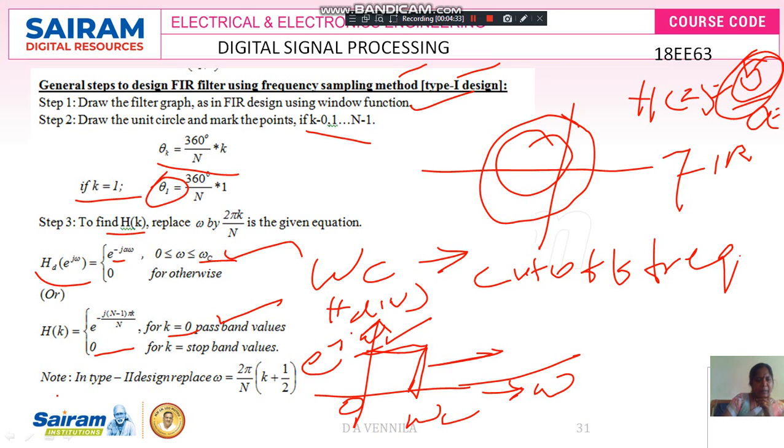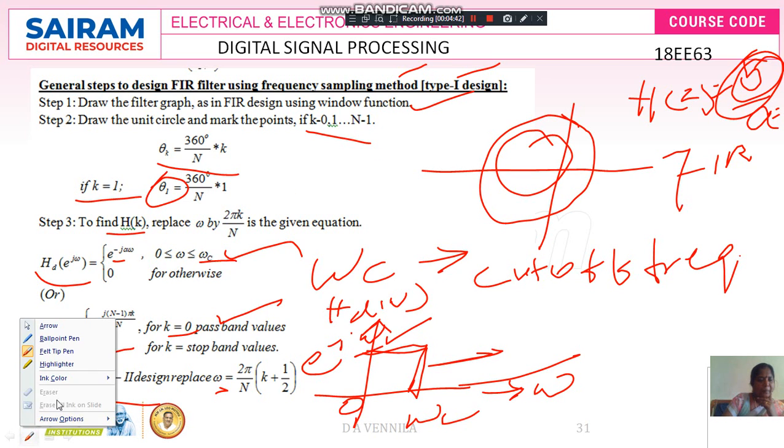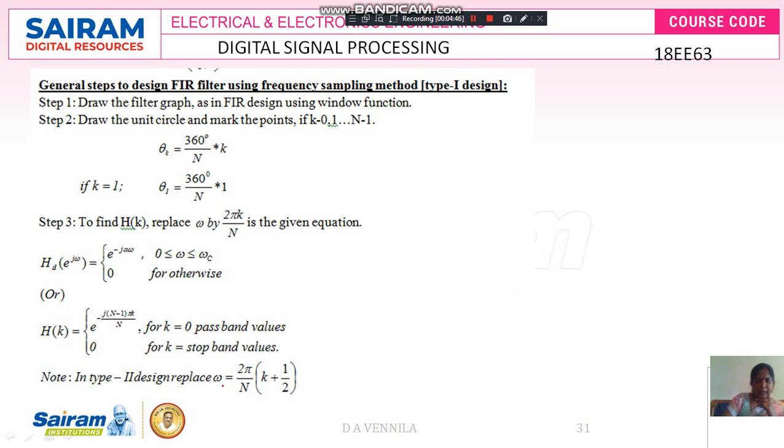In the second type, this omega will be represented by 2 pi by N into k plus 1 by 2. In the first type, which is what I am showing here, omega will be represented by 2 pi k divided by N. But in the second type, omega will be replaced by 2 pi divided by N into k plus 1 by 2.